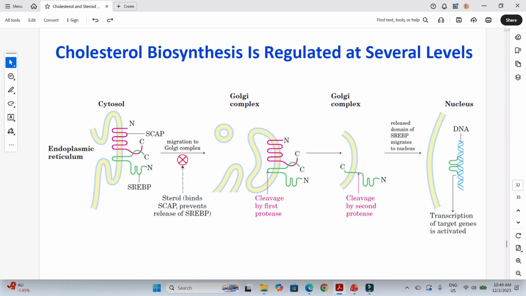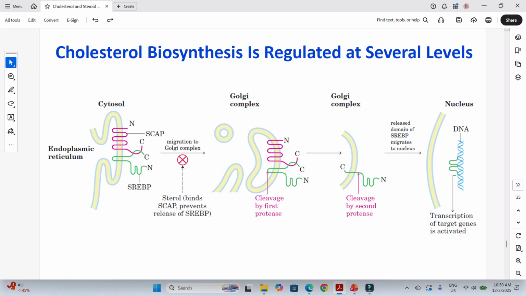So let's assume that there's no such sterol. The SREBP SCAP assembly is able to migrate from the endoplasmic reticulum in the cytosol to the Golgi complex. The SCAP SREBP assembly is cleaved by a protease, so you release the SREBP, because it's cleaved here.